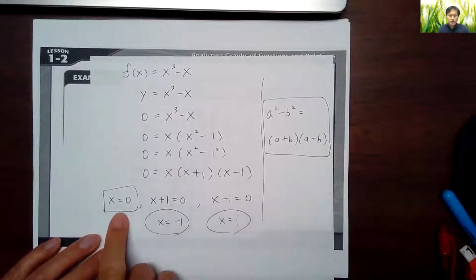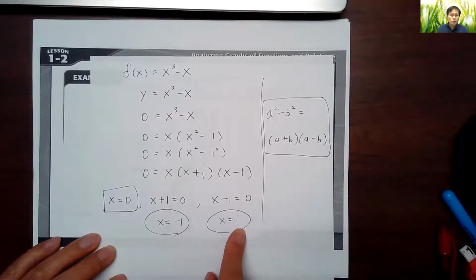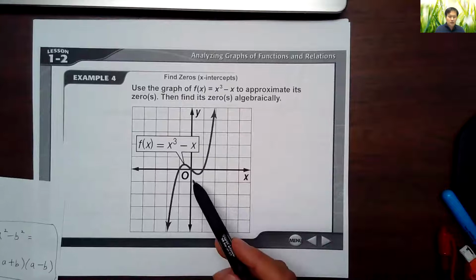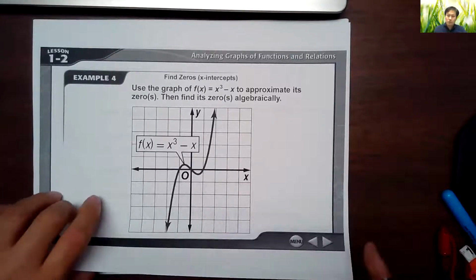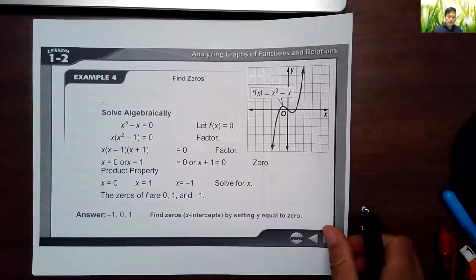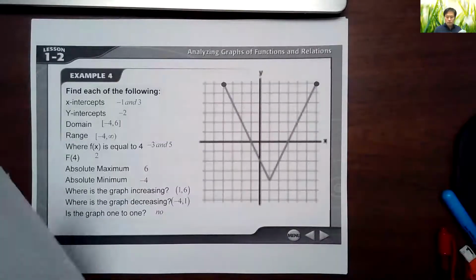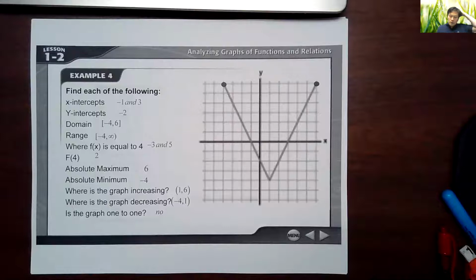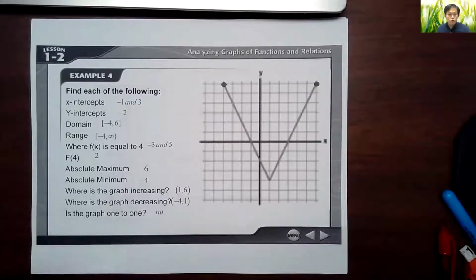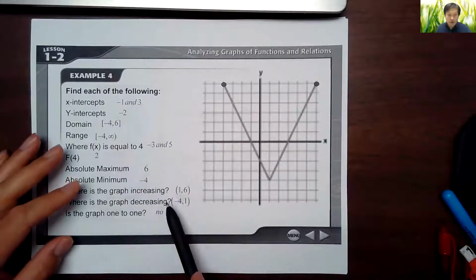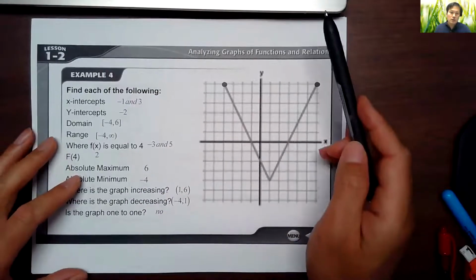So you got three answers: 0, -1, 1, which was exactly the same answer we got from the graph. Okay, so you already have answers here, but you should be able to get all those answers given any graph.